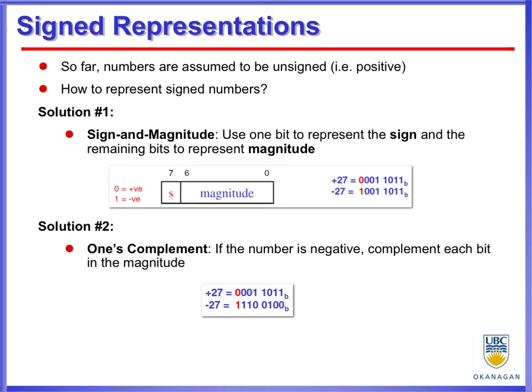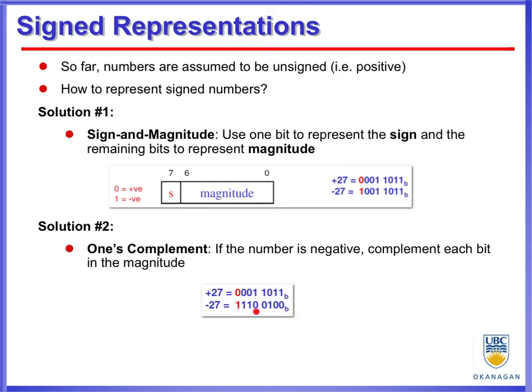If we want to write negative 27, we just invert every bit. So this 0 becomes a 1, a 1, a 1, a 0, 0, 1, 0, 0. Okay? And again, the most significant bit can be interpreted as the sign bit. In this case, 0 would mean it's a positive number, positive 27. This 1 would be a negative number, negative 27.